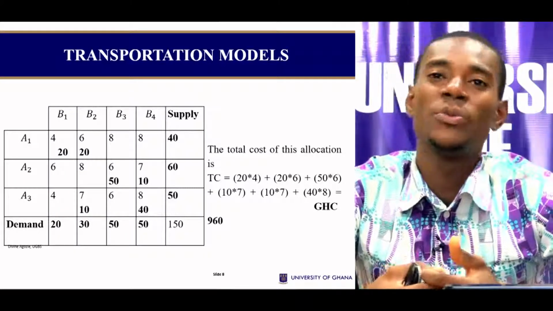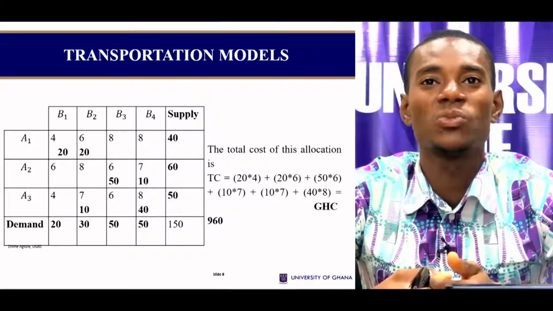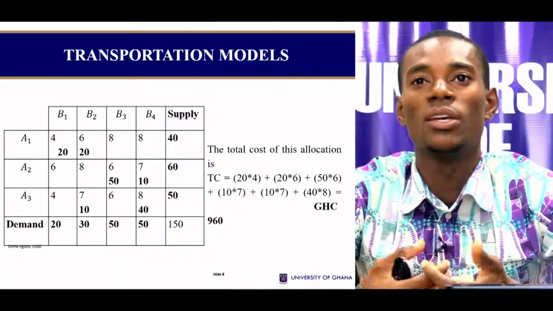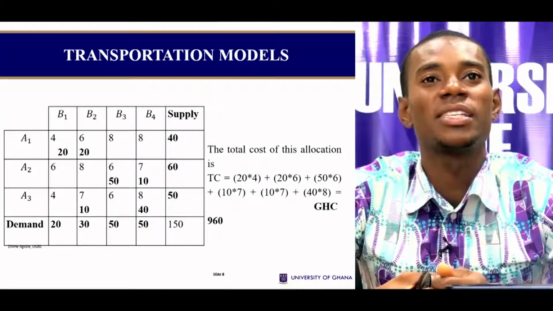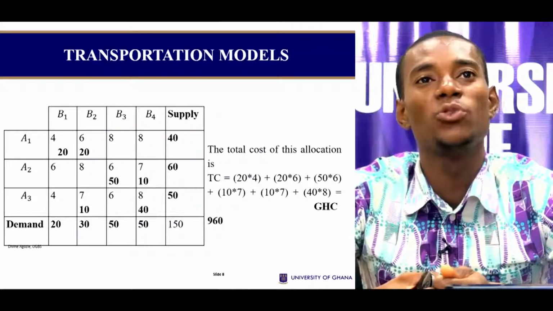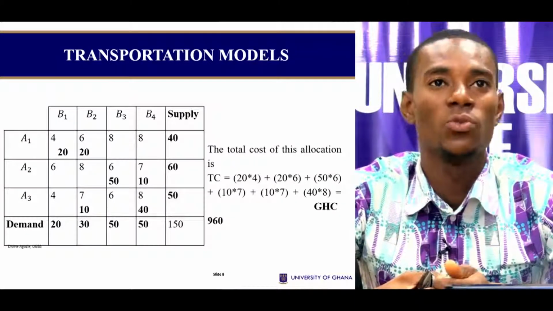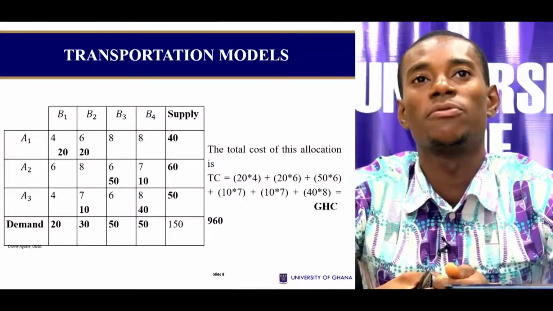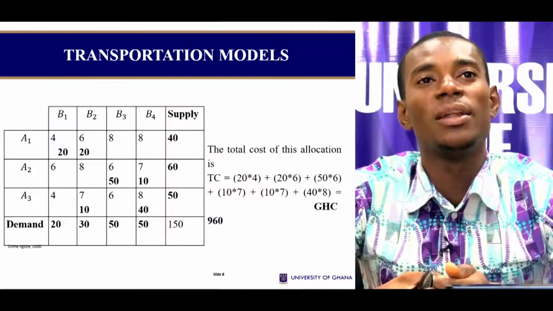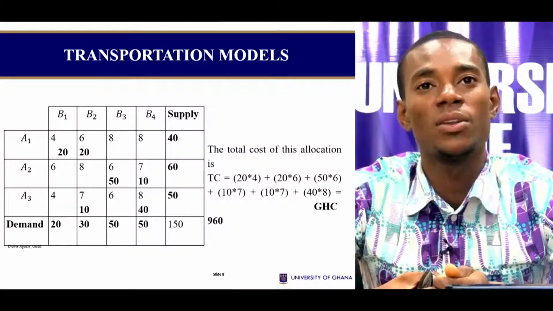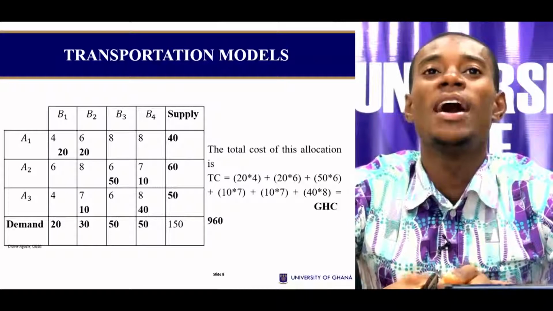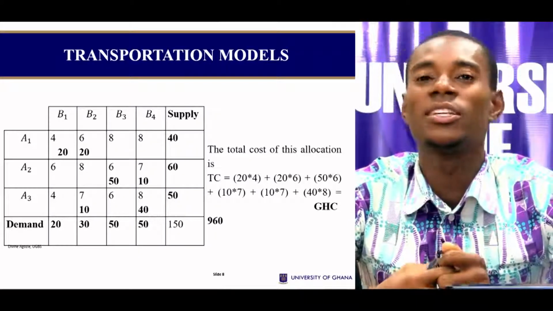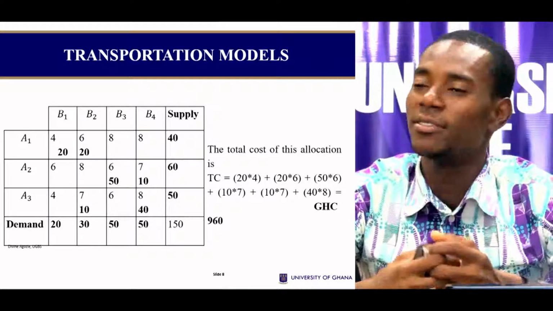Normally we say m plus n minus 1 should be equal to the number of allocations. So here, we made 6 allocations, then how many rows do we have? We have 1, 2, 3 rows, and we also have 1, 2, 3, 4 columns. So 3 plus 4 minus 1 is equal to 6, and that 6 is exactly equal to the number of allocations we have made. And so our solution is not degenerate, it is just fine.